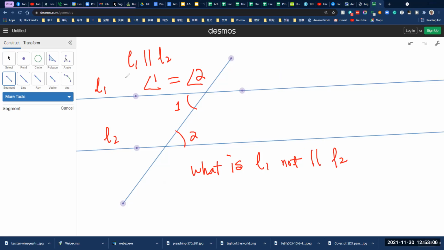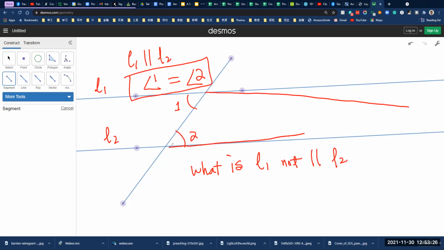Now, of course, given still these two angles, they are the same. So if it's not parallel, what happens? Then this line eventually will, and that line eventually will meet, right? So it's a very narrow and very long triangle, but still it's a triangle, right?